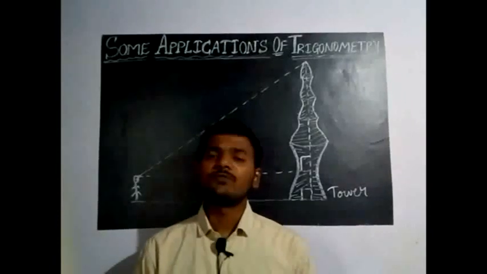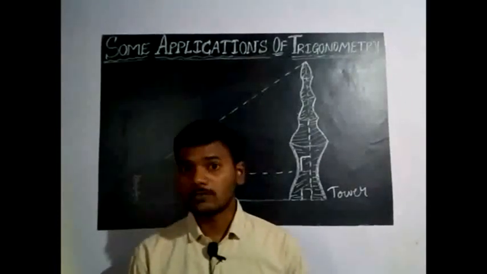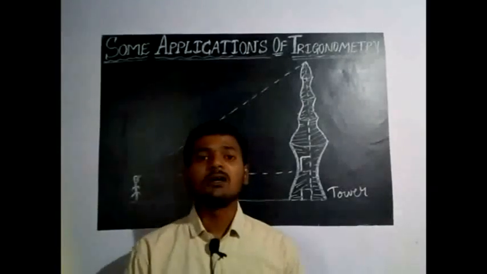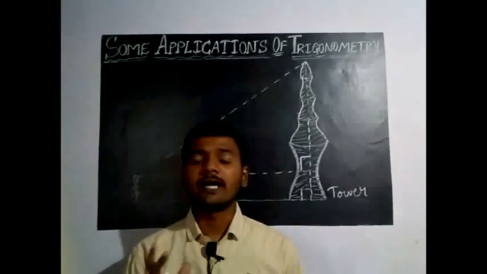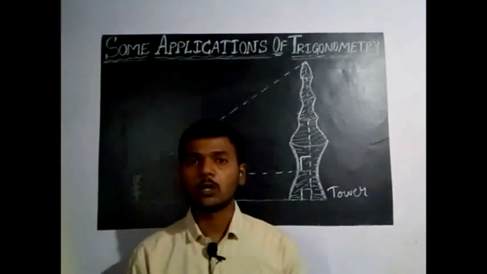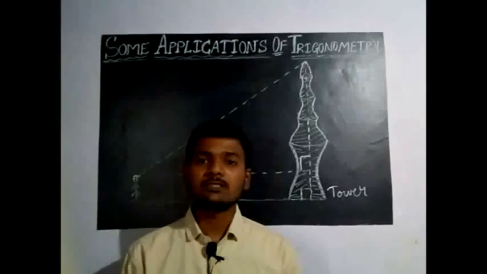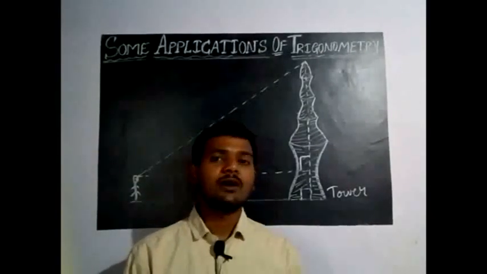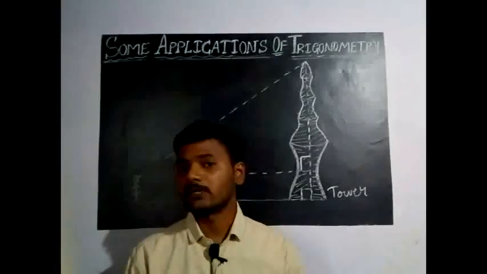In geography, we use trigonometrical concepts to construct maps and to locate areas like Iceland with respect to longitude and latitude, and also to draw the map of a certain area.